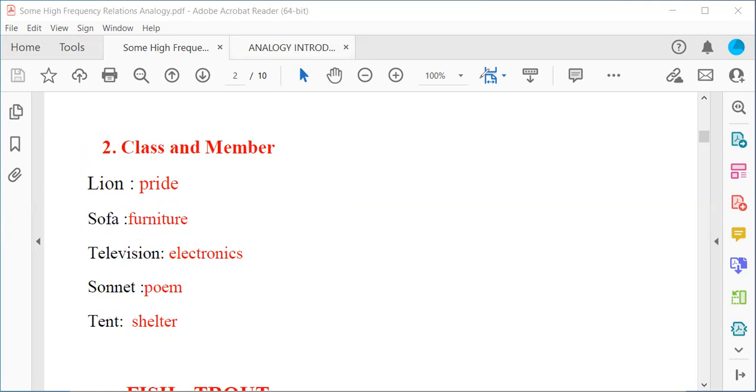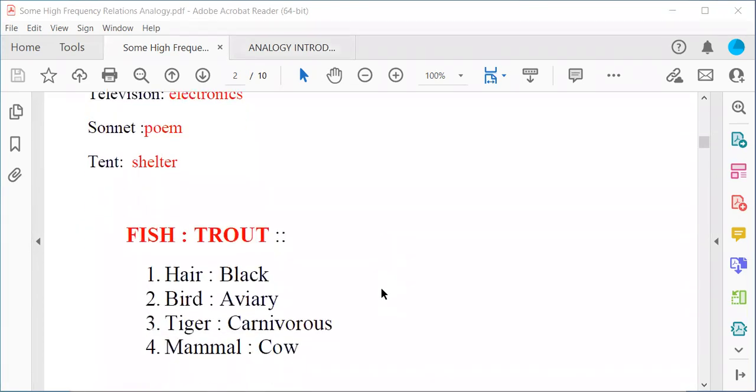Let's have an example on this one to make it clear. Look at the first one. We have fish and trout, and we say this is a class or member. To make a sentence from the first pair, we have to look at the relation between fish and trout.